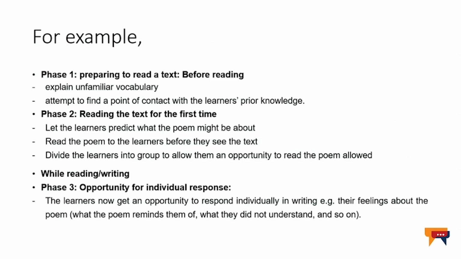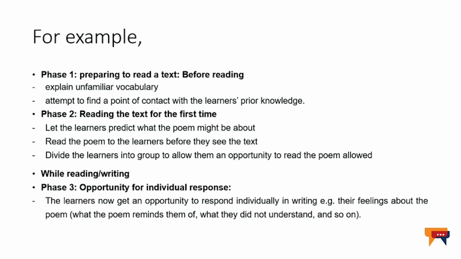For example, in phase 1, that is preparing to read the text, and it is a pre-reading activity, you could explain unfamiliar vocabulary. Make an attempt to find a point of contact with the learner's prior knowledge.